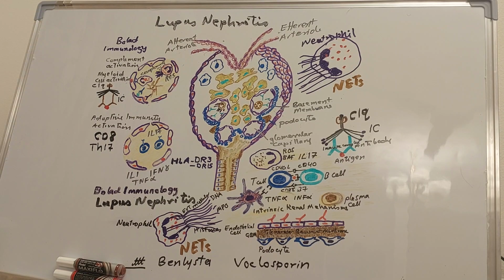However, nucleic acid and DNA, double-stranded DNA or remnants of the nuclei, are circulating within the circulatory system due to failure of apoptosis.